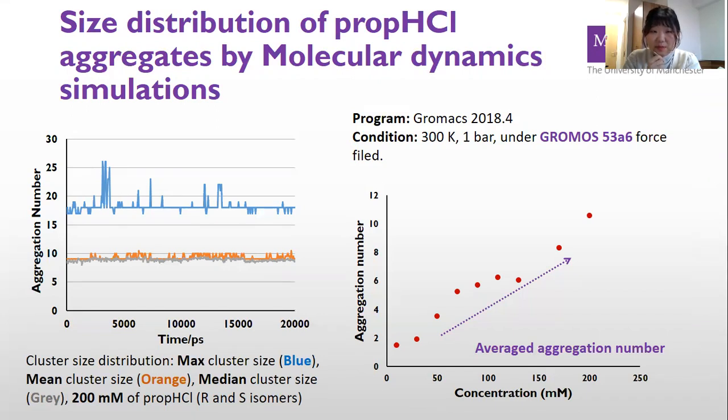It seems that the maximum size is much higher than the mean and median size, which suggests that the size of the aggregates is very poorly dispersed. And we also plotted the average aggregation number of each concentration, which also confirms the experimental results that the aggregates are likely to be larger in higher concentrations.